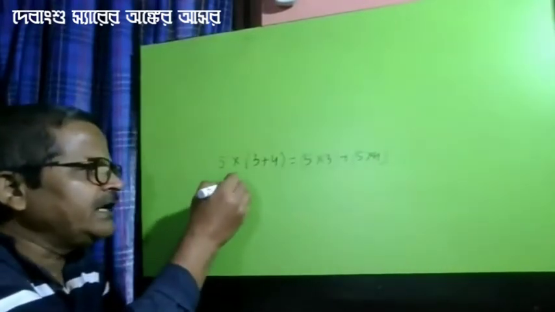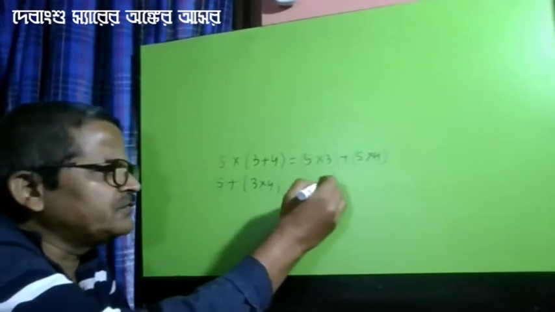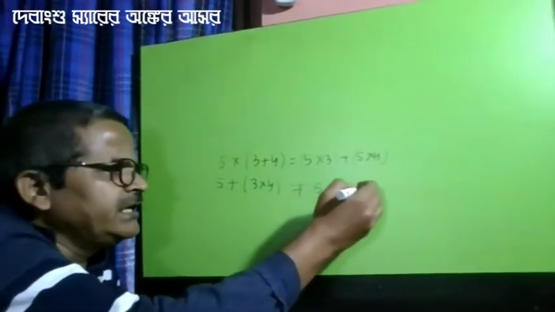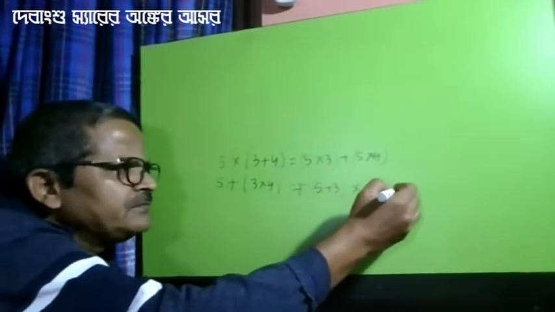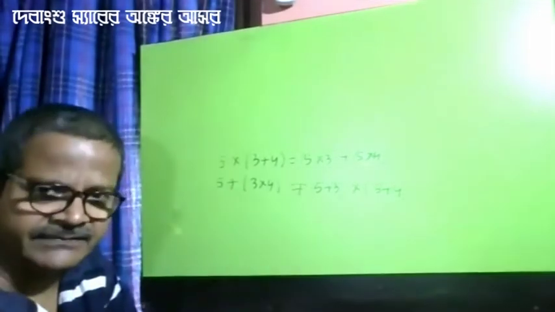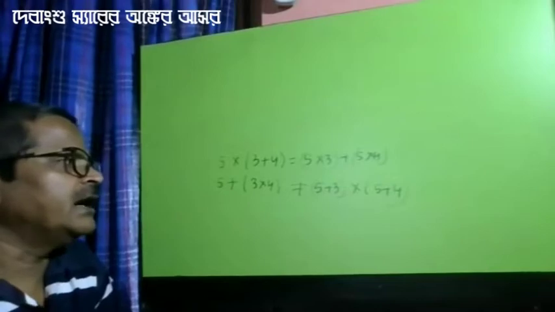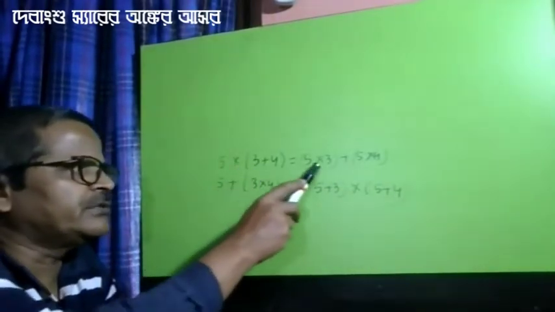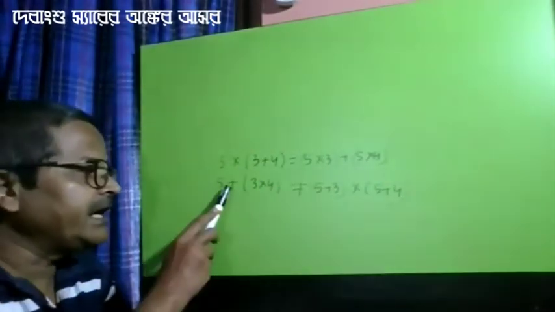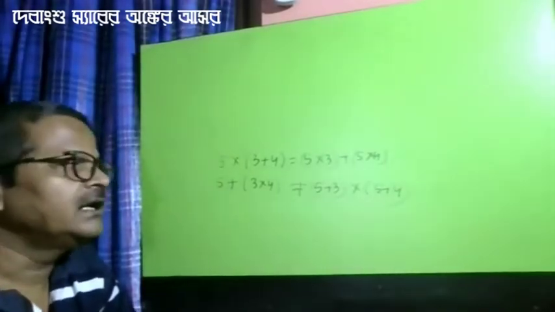But 5 plus (3 into 4) is not equal to (5 plus 3) into (5 plus 4). These examples you learned in class 7. And in that class, it was told that multiplication is distributive over addition, but addition is not distributive over multiplication.